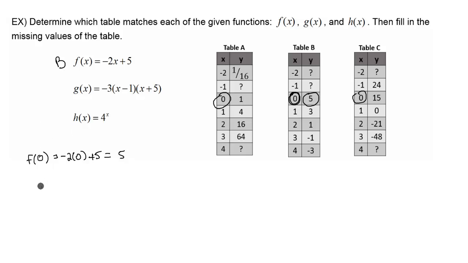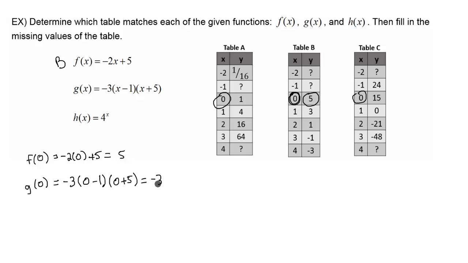Now I'm going to do the same thing with g of x. I'm going to do g of 0, meaning my input is now 0. So I write negative 3, and then I plug in 0 for my x value. So it's going to be 0 minus 1 times 0 plus 5. Then I'm going to simplify everything here.